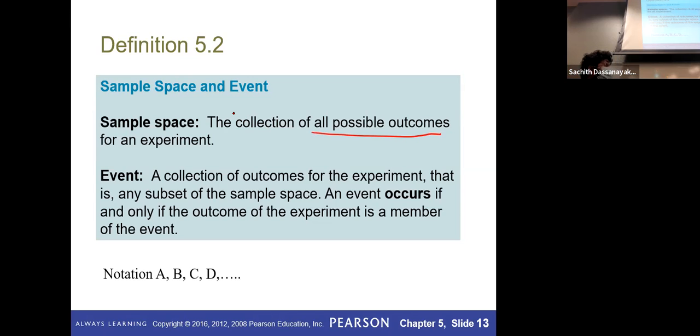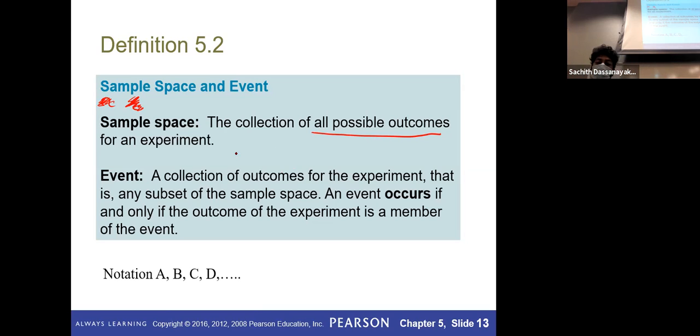It depends on your experiment, but we call it sample space. You don't need this notation, but sometimes we use omega or something like this. In general, we use sample space.